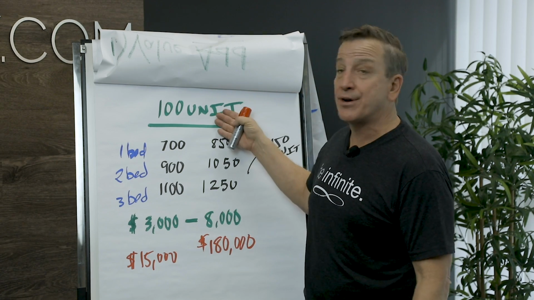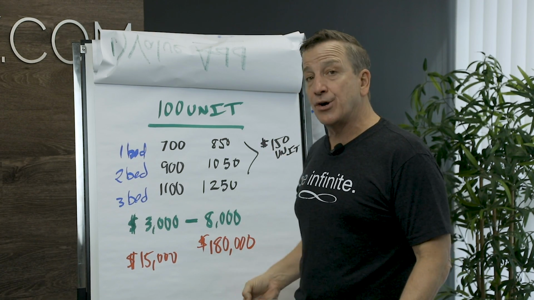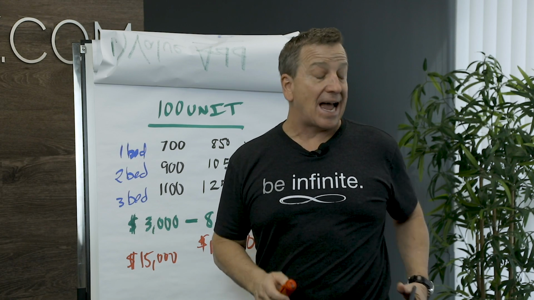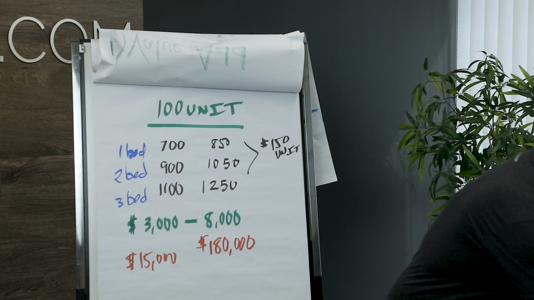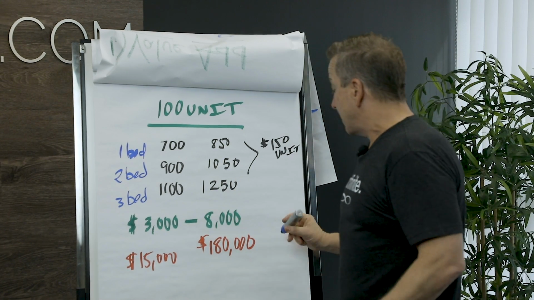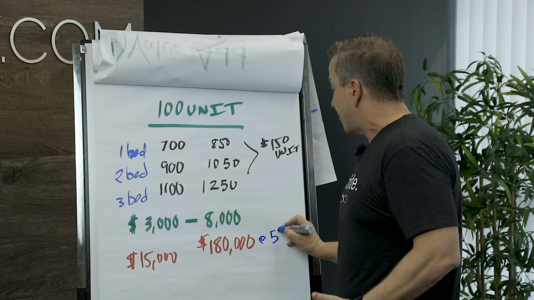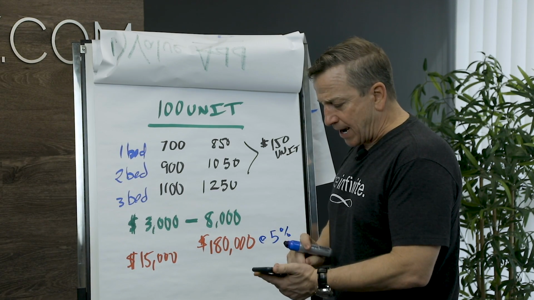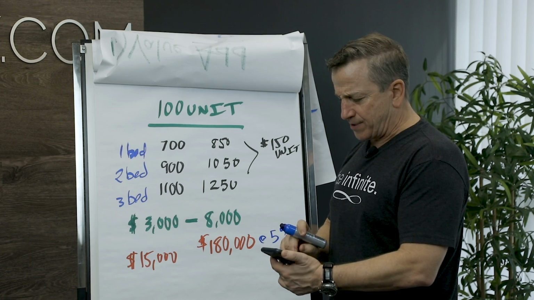So you spent $500,000 to get $180,000. But here is actually the best part: you take this at a cap rate, let's say of 5%, and we have $180,000 at 5%.